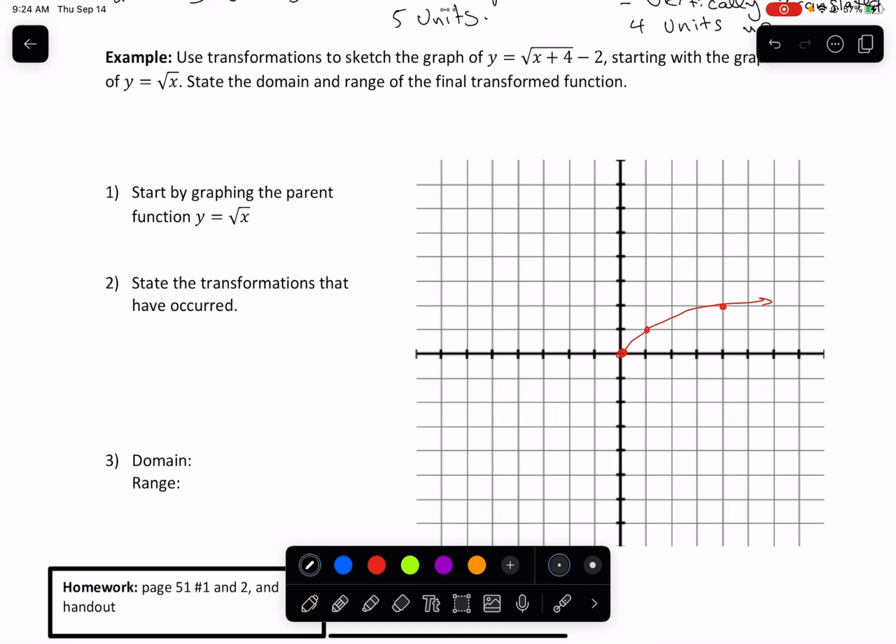Let's do that. There's 2 of them, H and Q. What's it telling us to do? Gabe?